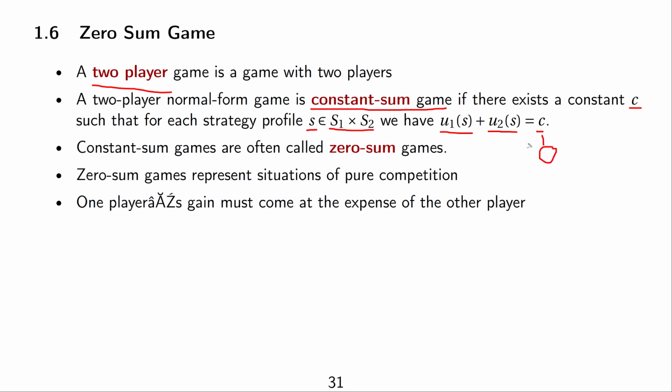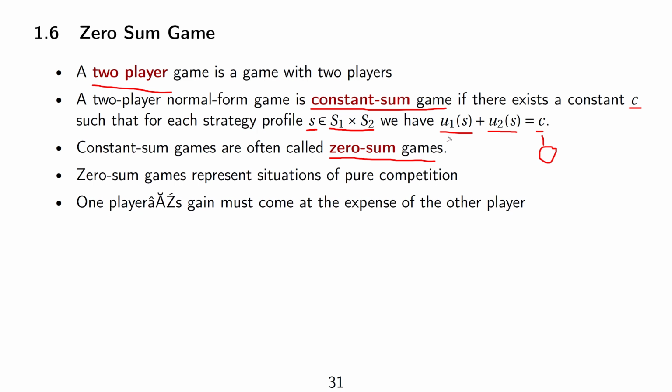So that means that for this constant sum game, constant sum games are often called zero-sum games just because the constant is kind of arbitrary. So let's use this term, a zero-sum game. So that would mean that u1 is the negative of u2, u2 is the negative of u1.